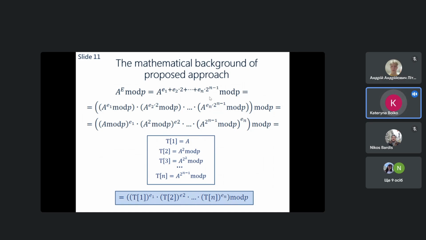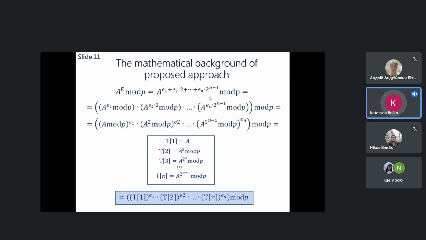From this, it follows that modular exponentiation can be represented as a product of number a raised to powers of 2 multiplied by the corresponding bits of the exponent's binary code. The final expression can be transformed into a form where the product of a raised to powers of 2 corresponding to the ones in the binary code is computed.